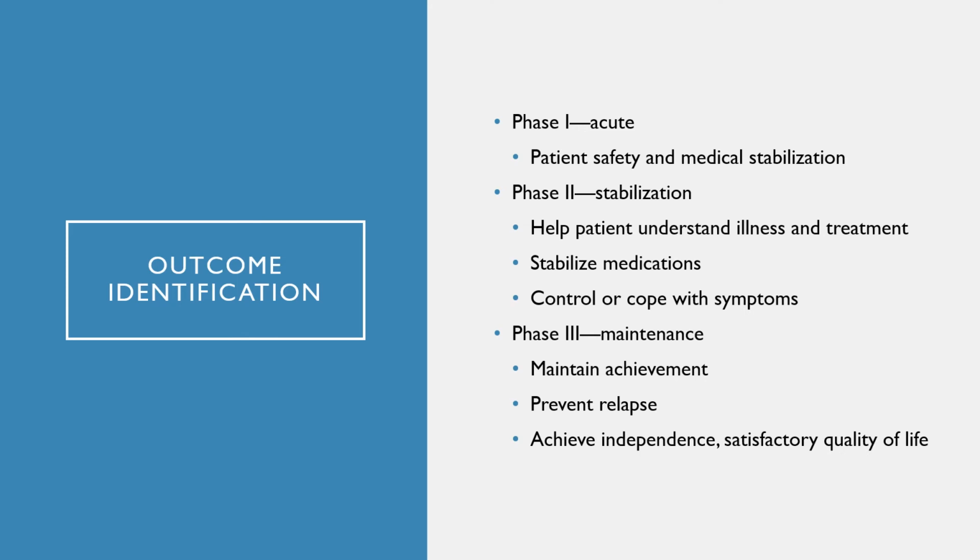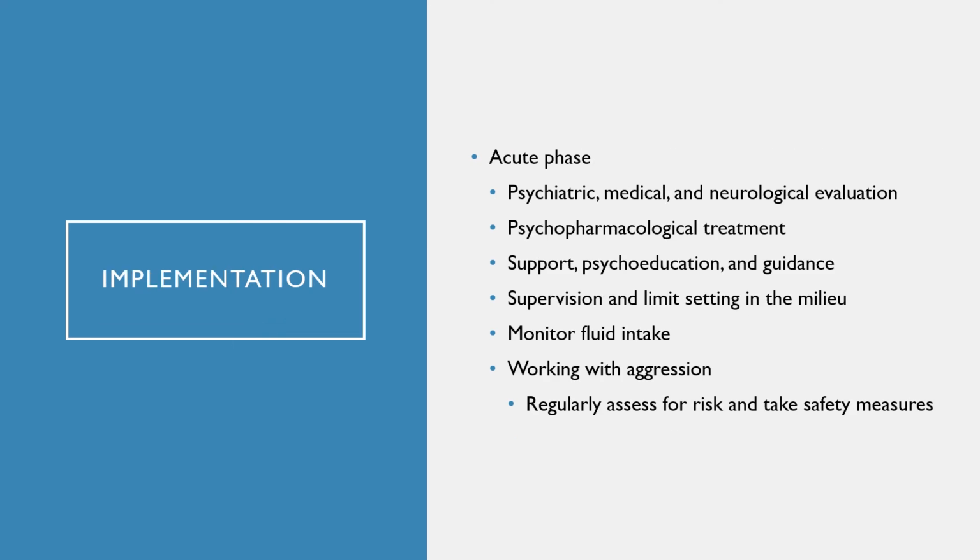We want to help our patient understand their illness and treatment, stabilize with medications, and control or cope with any of those symptoms. Phase 3 is maintenance. We want to maintain and increase symptom control and insight, adhere to treatments, and prevent relapse, and increase independence and achieve satisfactory quality of life. So those are those outcomes that we can identify.